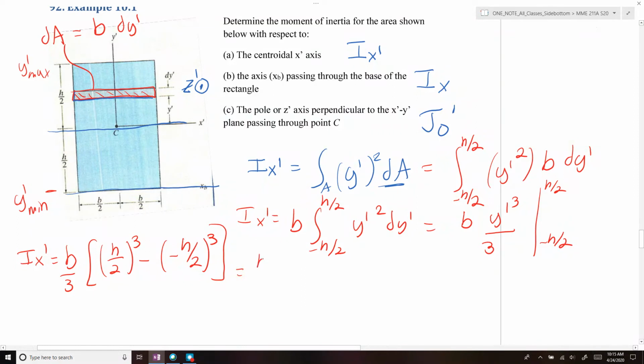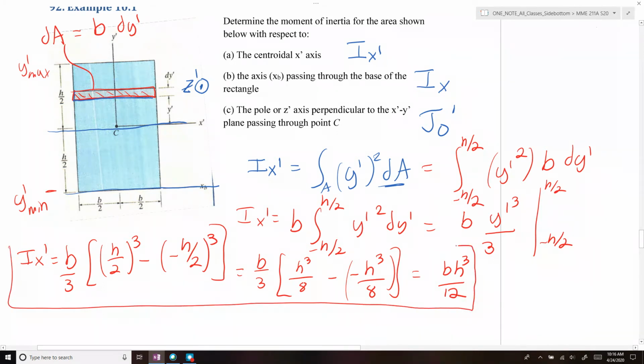So we have base divided by 3 times h cubed over 8 plus h cubed over 8. If we add those two together, we get h cubed over 4. And what we end up getting is the moment of inertia equal to the base times the height cubed divided by 12. So that's the moment of inertia for a rectangle about the centroidal axis.